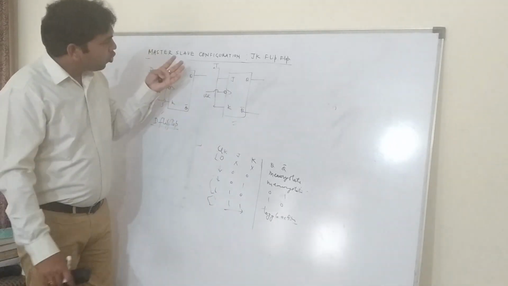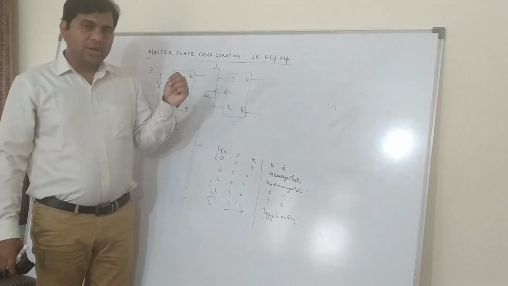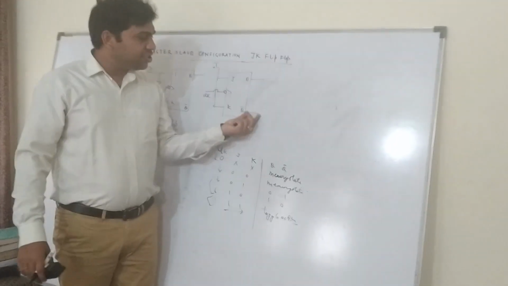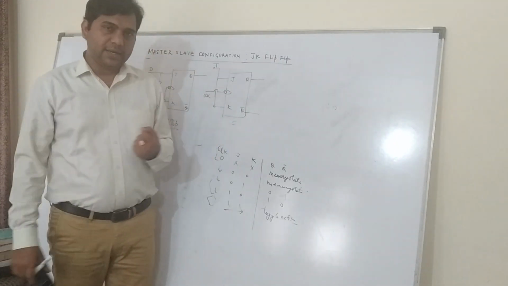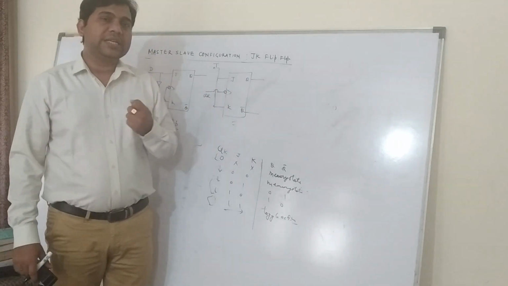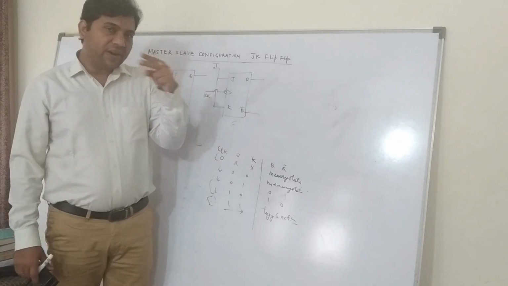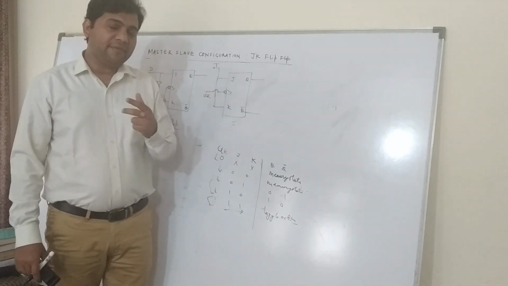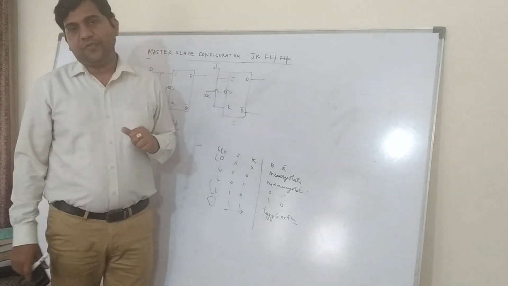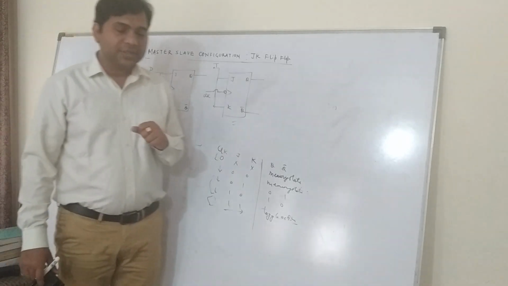So there is another method so that Q and Q bar will change only once in one clock period, and that method is known as the edge detector method. Instead of a level triggering flip flop, we can have an edge trigger flip flop. That we will see in the next section.